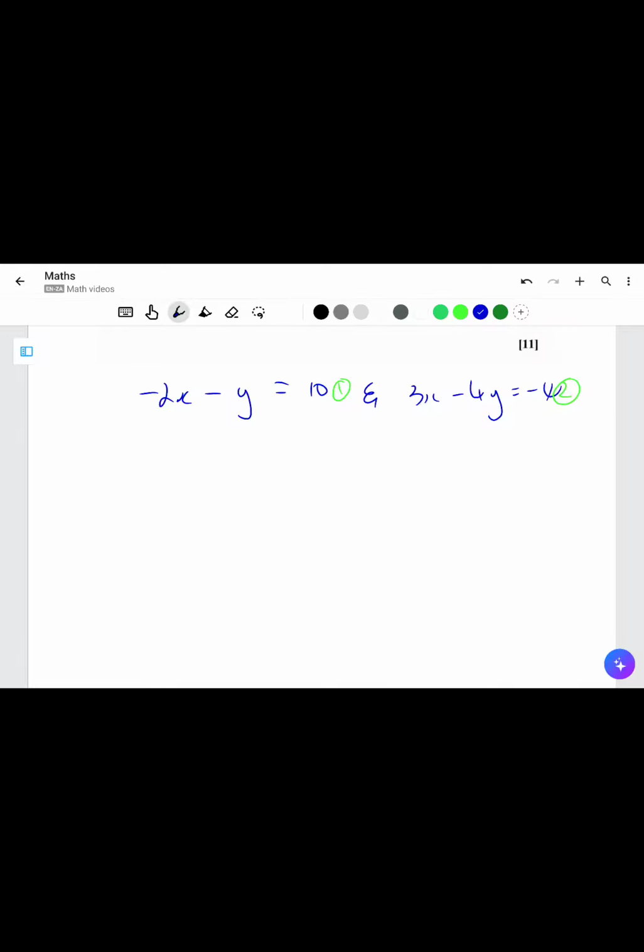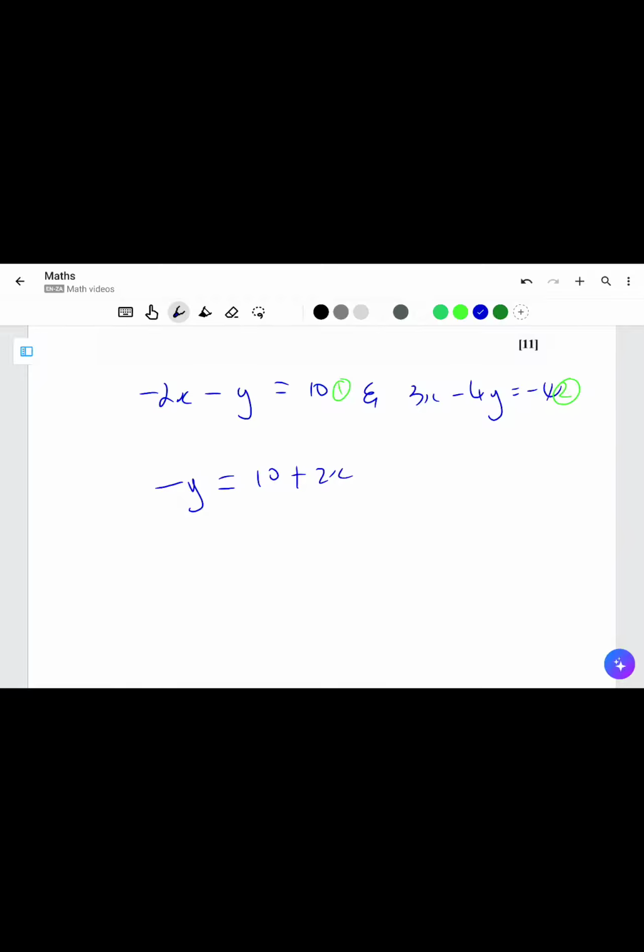So we're going to make either one of them the subject of the formula. I would say making y the subject of the formula. If we choose equation 1 would be the easier way out because it doesn't have a coefficient. So we're going to say minus y equals 10 plus 2x. So I took 2x to the other side.